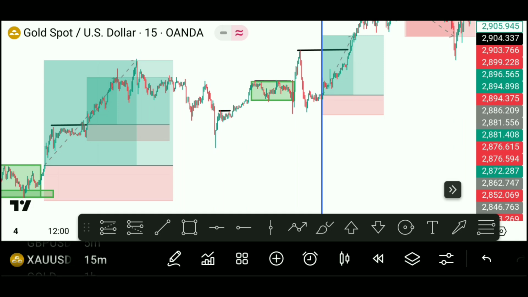Then mark out your FVG. The two candlesticks adjacent to that impulsive candlestick is what we call the fair value gap. Just mark it out, set your limit, set your stop loss just below the FVG, and then set your entry and your target.